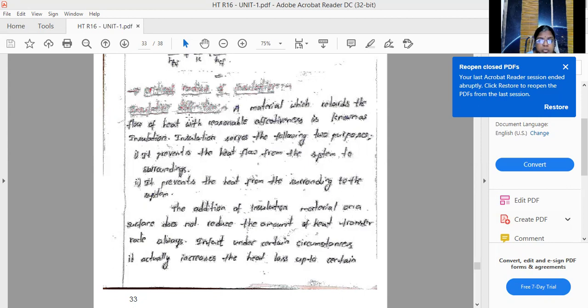Why? Because we are taking a cylindrical system. In cylindrical systems, when we provide insulation, it does not prevent the heat flow from system to surroundings.